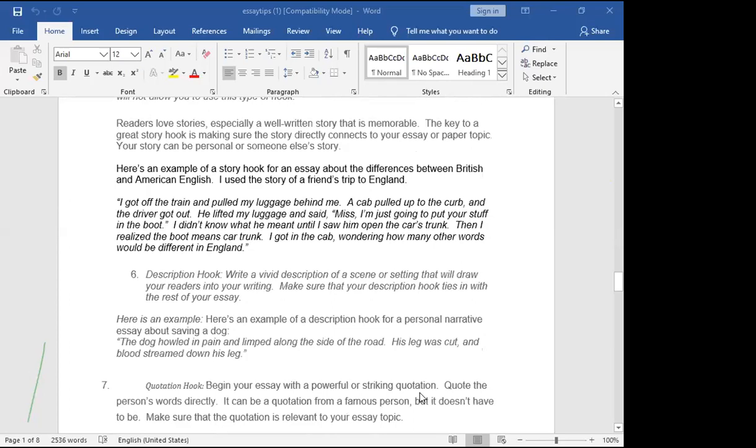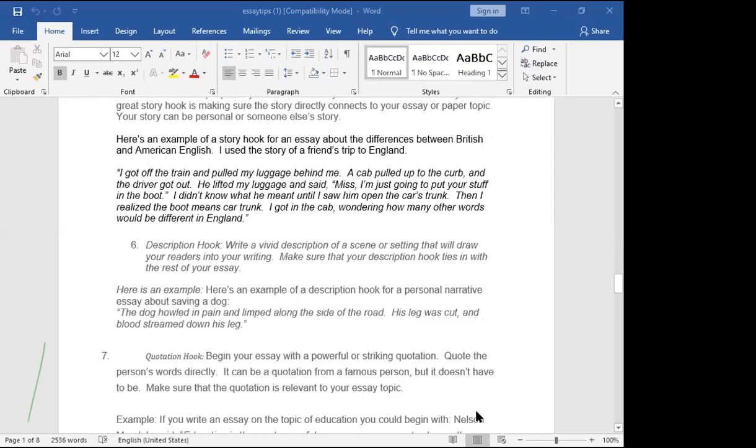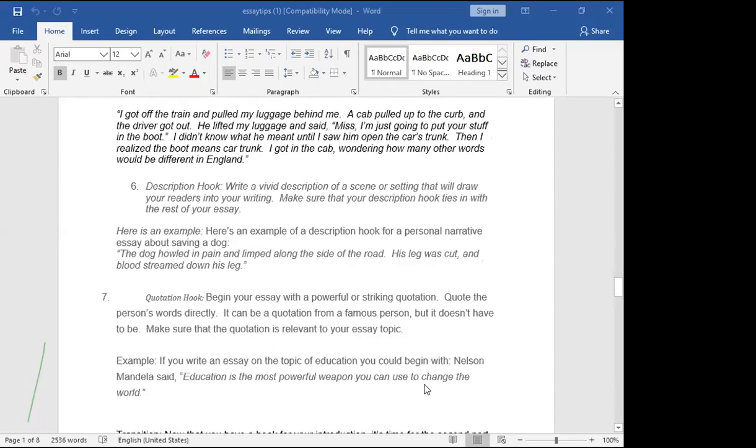Quotation hook. Begin your essay with a powerful or striking quotation. Quote the person's words directly. It can be a quotation from a famous person like Mother Teresa, Nelson Mandela, Jomo Kenyatta, but it doesn't have to be. Make sure the quotation is relevant to your topic.